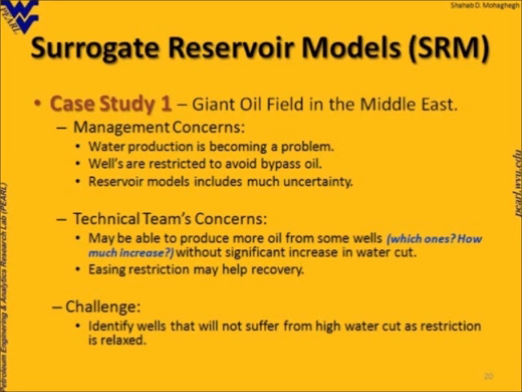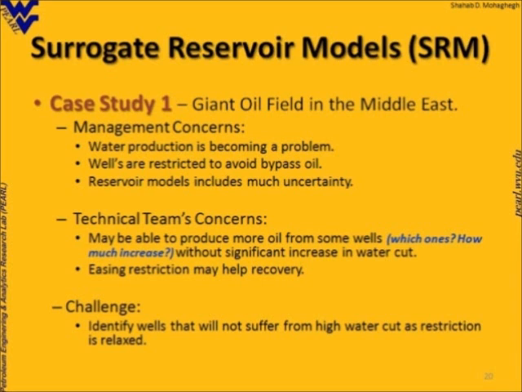So the technical team believed that there are certain wells that they can produce a lot more oil from if we reduce the restriction on their flow, usually choke it back so it will not flow as freely as you want, because you're injecting water and water takes the path of least resistance and can break through early. So that's why they choke it back.